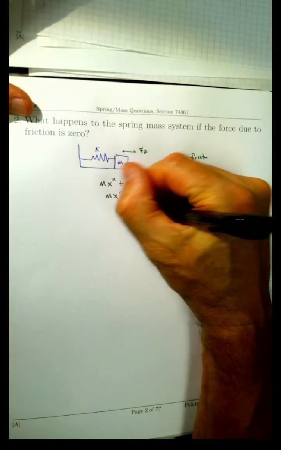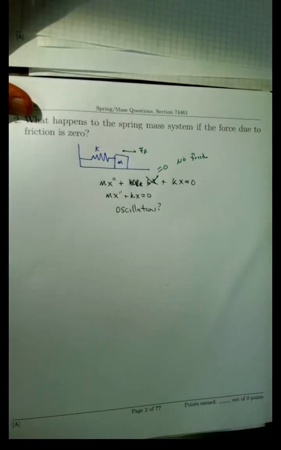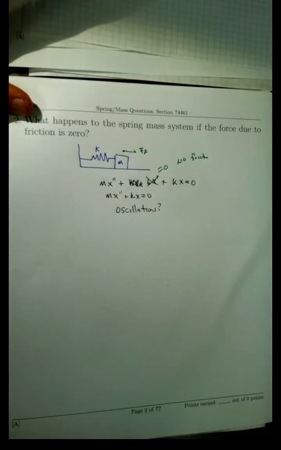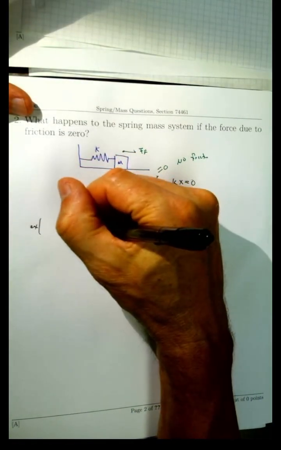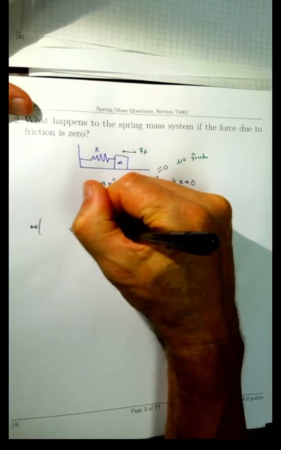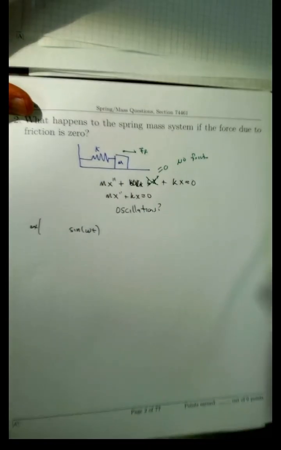And our intuition says we would expect to see oscillations. It's not clear how it's going to oscillate, but what's the most general thing we could do? The most general thing for oscillations is we can try cosines and sines, but we don't necessarily know what cosine or what sine. So, for example, if I have sine of omega t, I can plug it in and see what's going to happen.